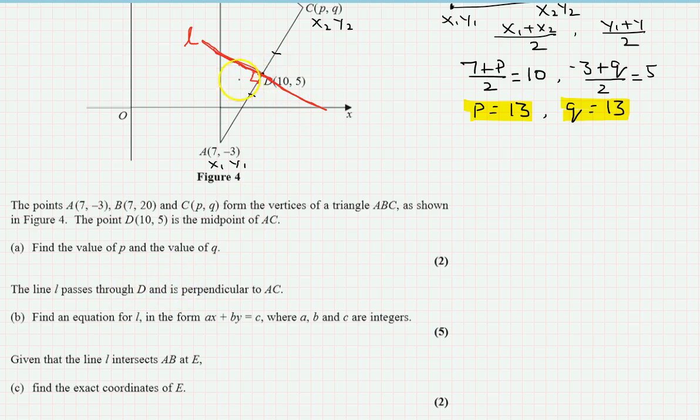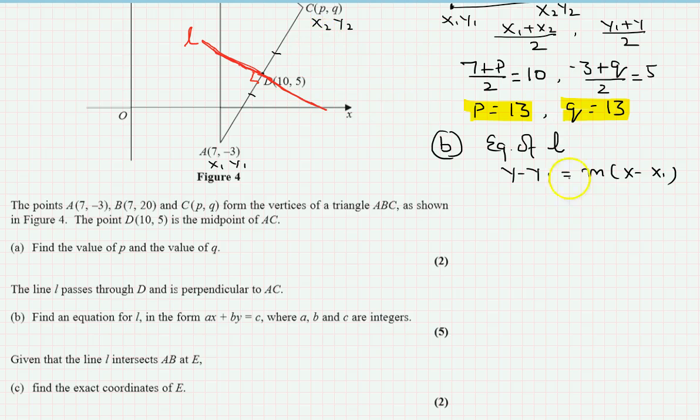It passes through D. So now this is the part B. Equation of line is y minus y1 is equal to m times x minus x1. We have the point that line is passing through, 10, 5, but what is the slope of this line?